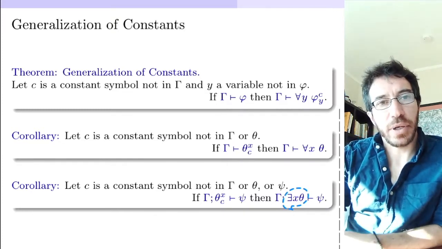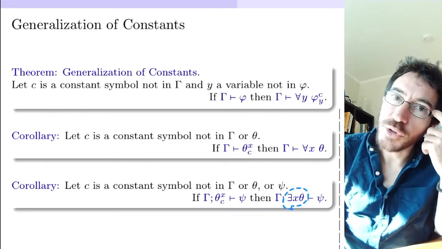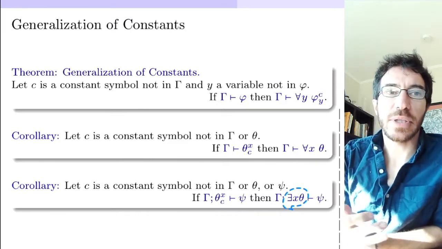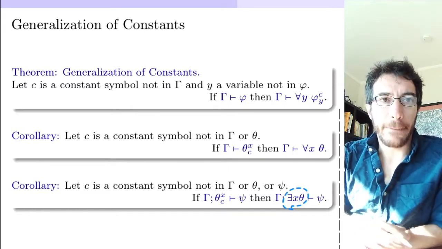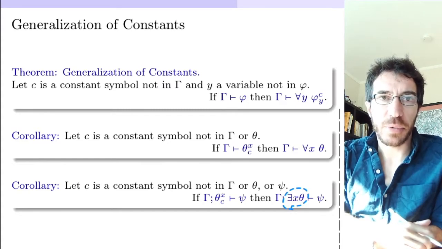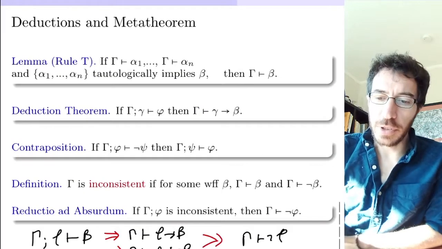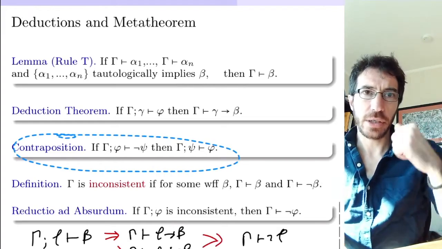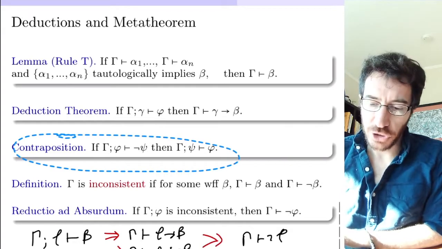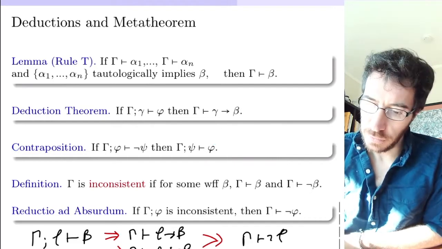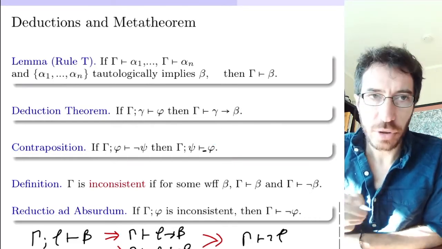So if the system works well, this should be the case. Again, we are trying to prove that the system works well, so we don't know this should be the case, and we need to prove it formally. Though this follows pretty much from what we have so far. For this, we need to use the theorem that we proved last week, called contraposition: if gamma together with phi proves not psi, then gamma together with psi proves not phi.